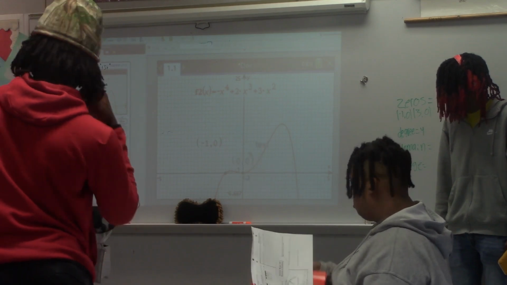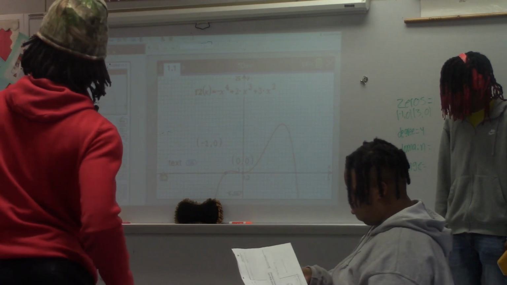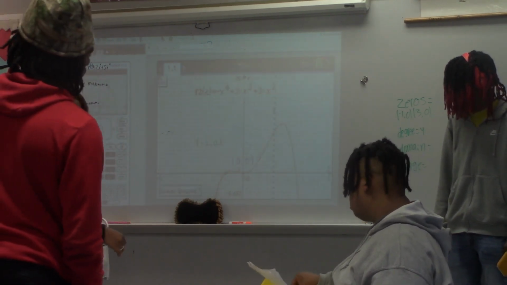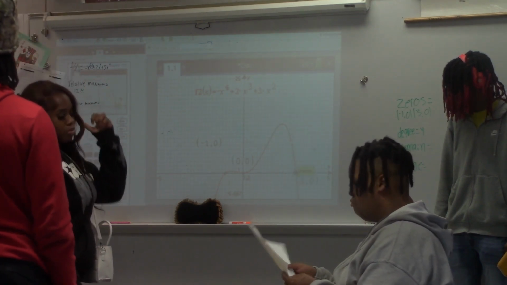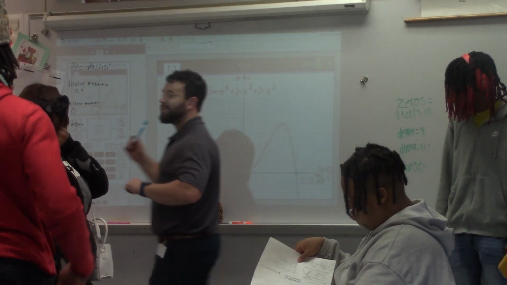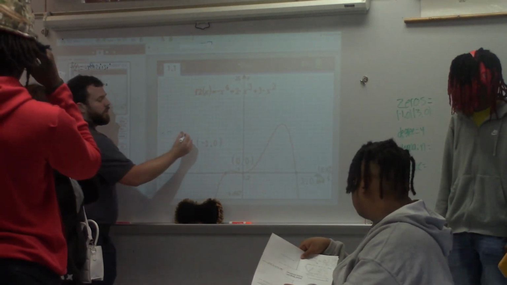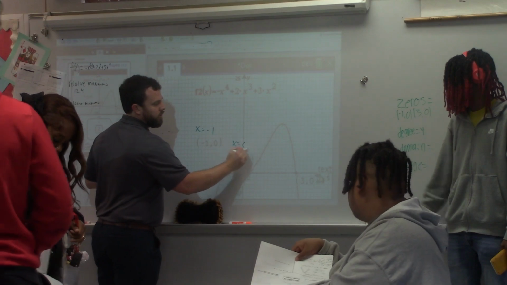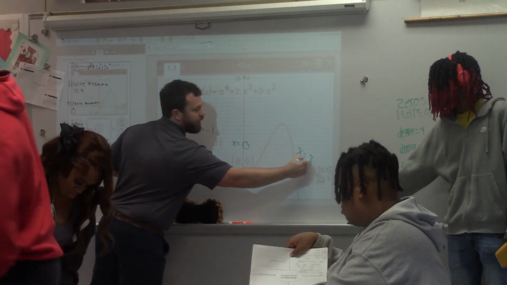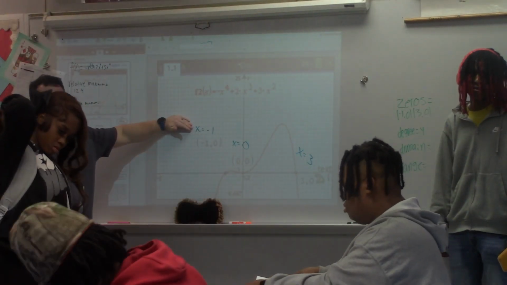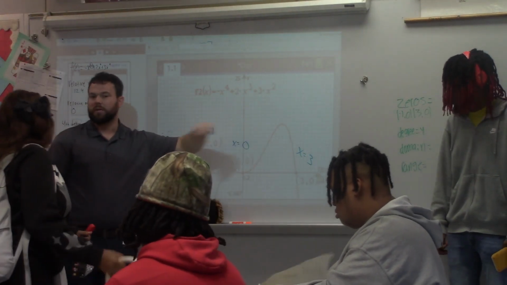All right, so we have these zeros allegedly, but are these actually zeros, these points right here? What are those points? Those are x intercepts. X equals -1, x equals 0, x equals 3.